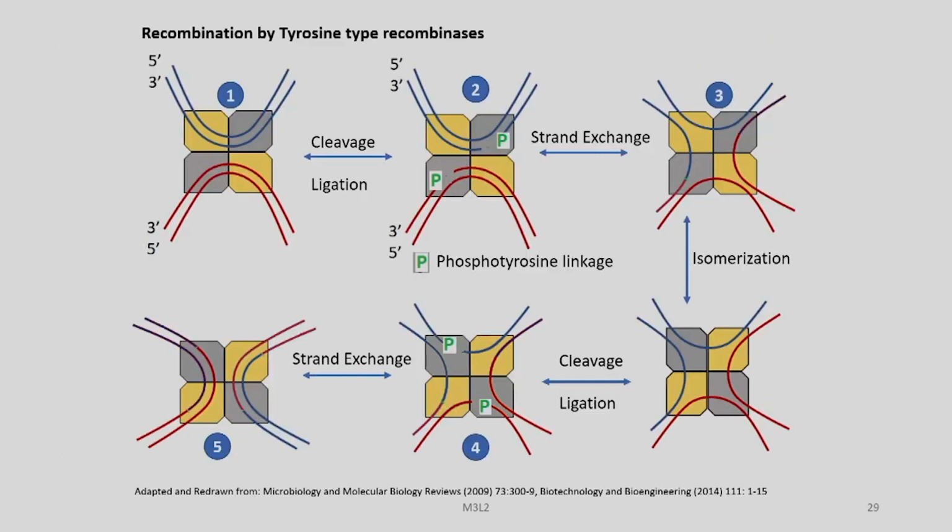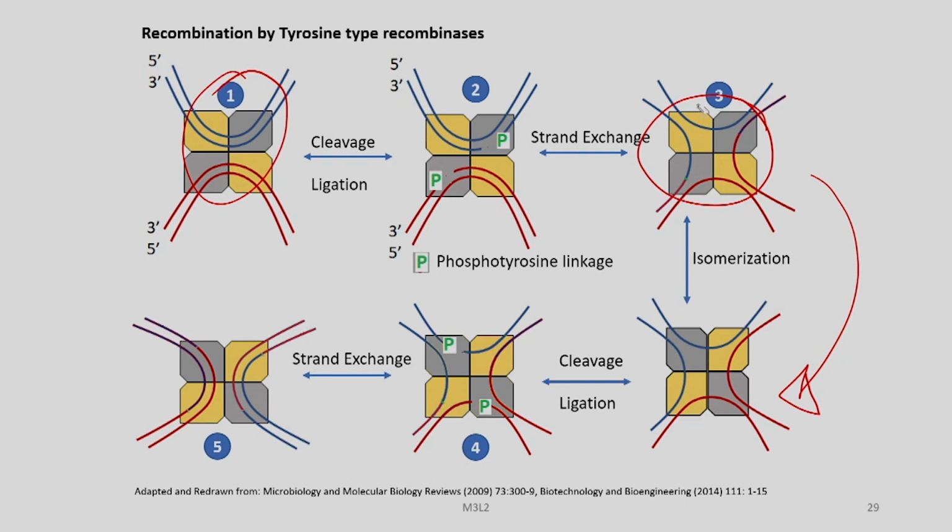Recombination by tyrosine type recombinases. So, here the 2 strands bind, as already told to you, and then there is a strand exchange which forms the Holliday junction, and this is the isomerization step which we could not see in the earlier pictures.